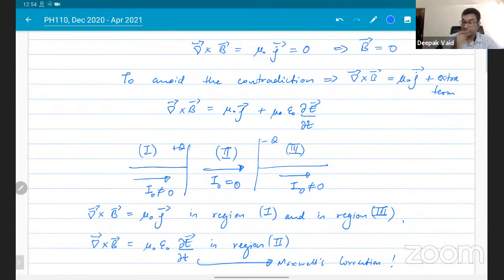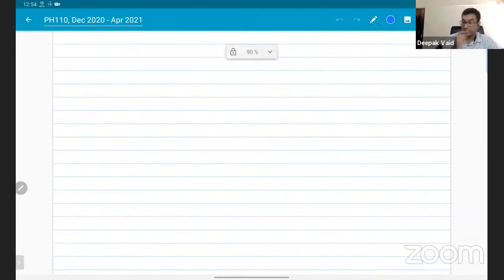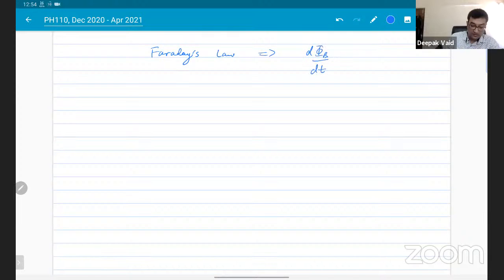So this is like the opposite. This is like the dual of Faraday's law, right? What does Faraday's law tell us? Faraday's law says that if I have a changing magnetic flux, it creates an EMF, right? It creates an E dot dl term, the line integral of E. What is Maxwell's correction term telling us?